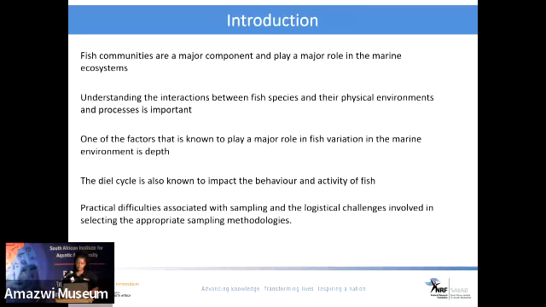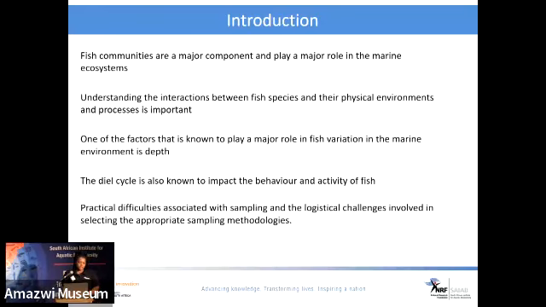A lot of factors affect the structure and diversity of fish species in the marine environment, including depth and the diel cycle, which is a pattern observed in a 24-hour period, and it's known to influence fish behavior and activity, which leads to changes in composition and structure in fish assemblages.